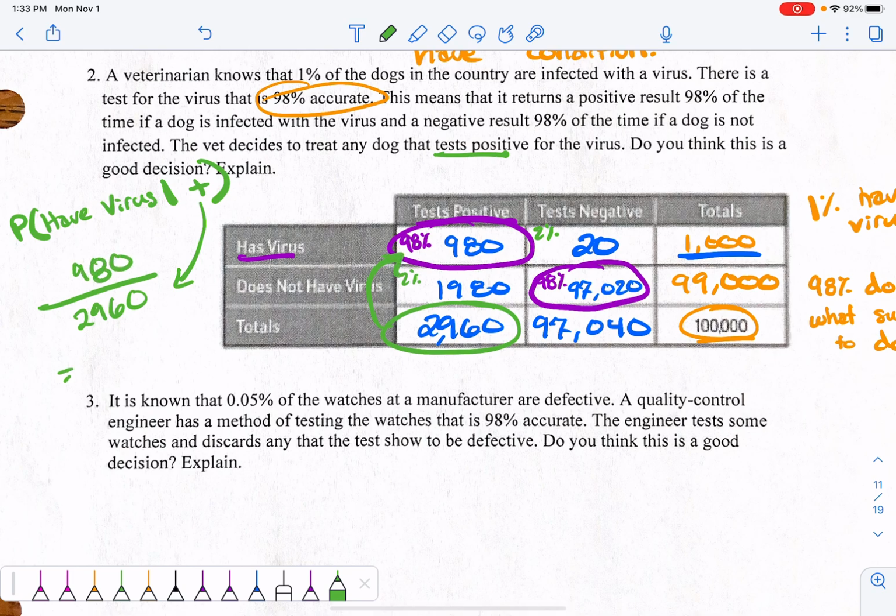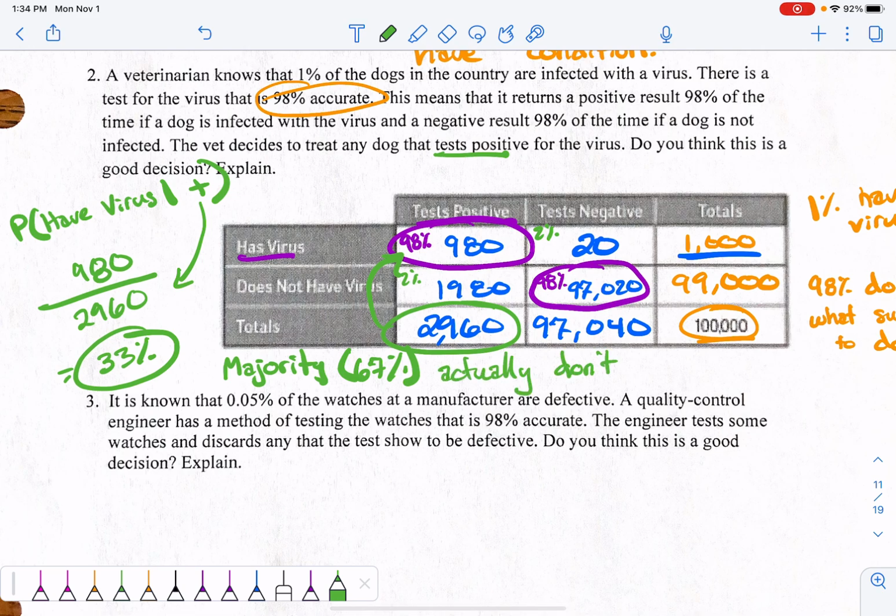If I divide 980 by 2,960, that's 33% of the dogs that test positive actually have the virus, which means the majority, or 67% in this case, don't have the virus.